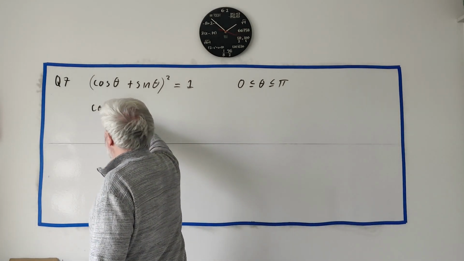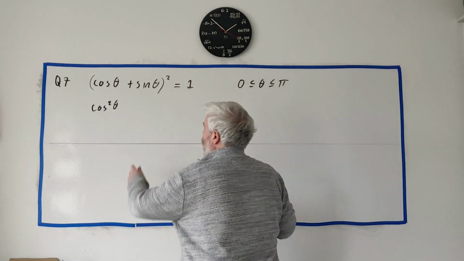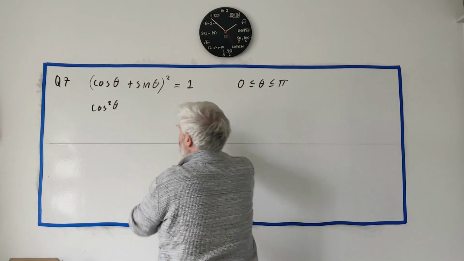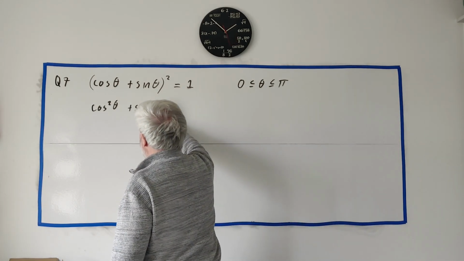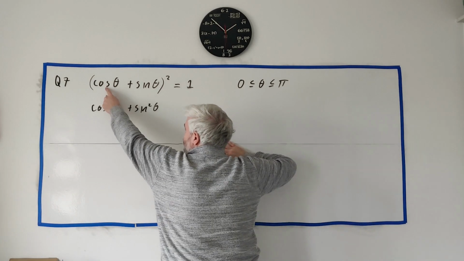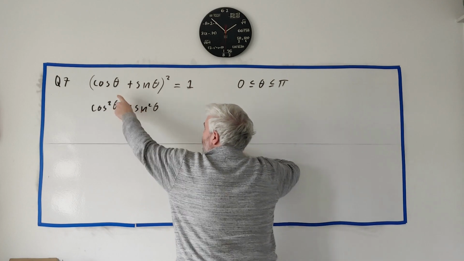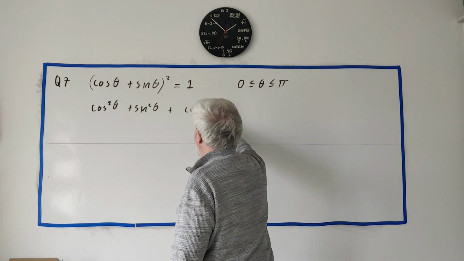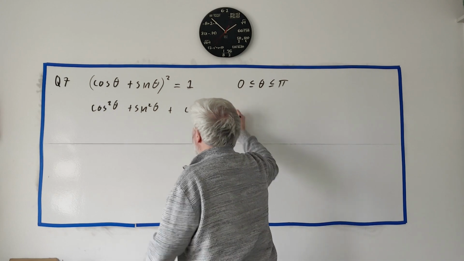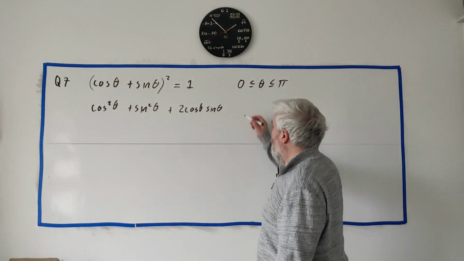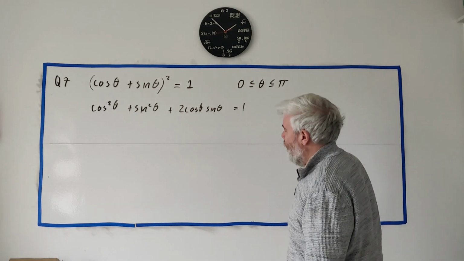We'll get cosine squared theta plus sine squared theta, and that's this multiplied by itself, this multiplied by itself, and then cosine times sine, and there's 2 of them, sine times cosine, so there's 2 of them, and all this equals 1.